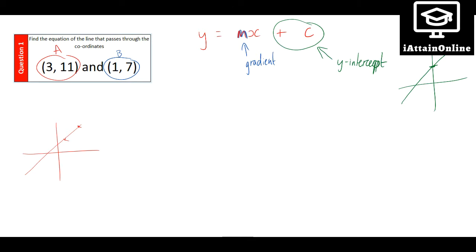Okay, so the first thing we're going to do is find the gradient of this line. So the gradient, remember, is the change in y divided by the change in x. You might also have heard it called rise over run.